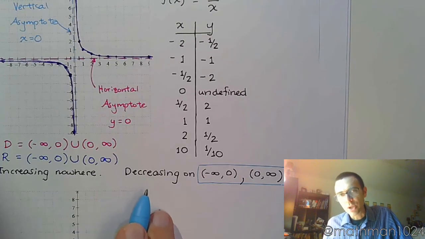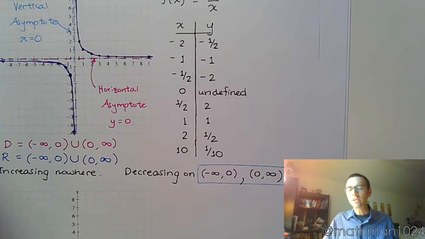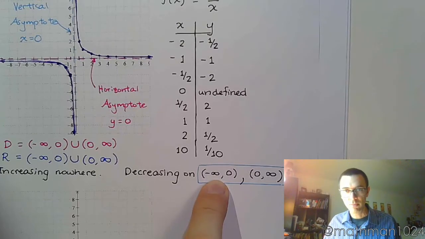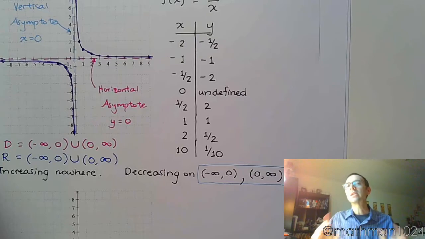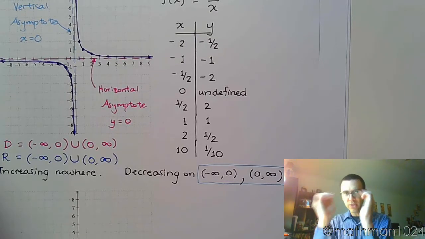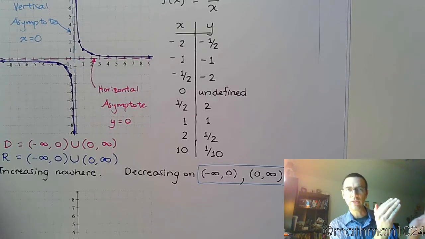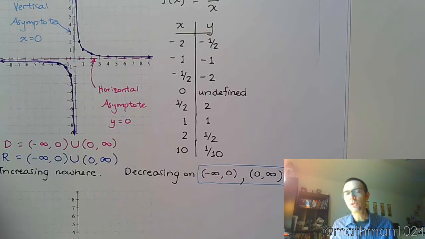When the question is asking where you're decreasing, what you're basically giving are answers. You are decreasing here. You are also decreasing here. But since they are disconnected, you can't use a union. You're saying it's decreasing for this section, it's decreasing for that section, but you don't join them. So make sure that you're very careful whenever you are typing your answers in to MyMathLab.